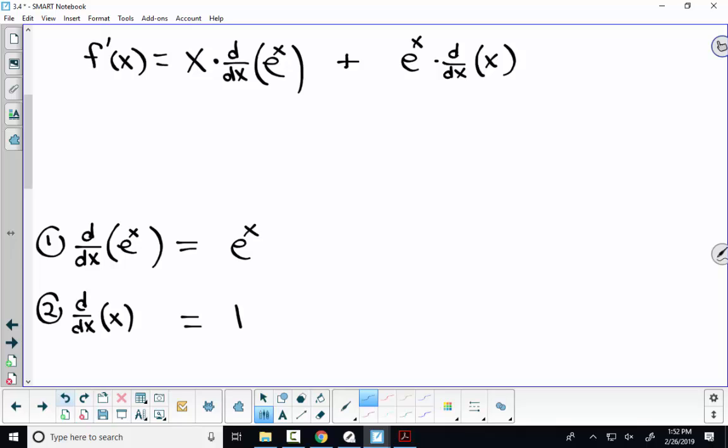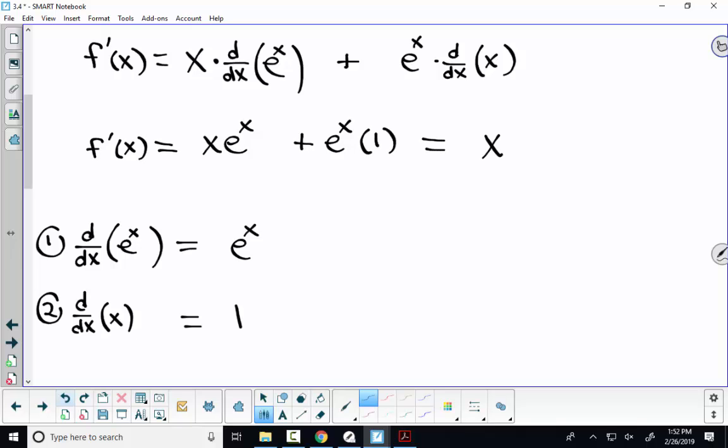I know maybe here it doesn't seem like it's worthwhile to write those derivatives down like we did, but trust me, as the functions get more complicated, it's going to save you a lot of hassle. So here's f prime then. We're just going to fill in the gaps. X times the derivative of e to the x, which we said was e to the x, plus e to the x times 1.